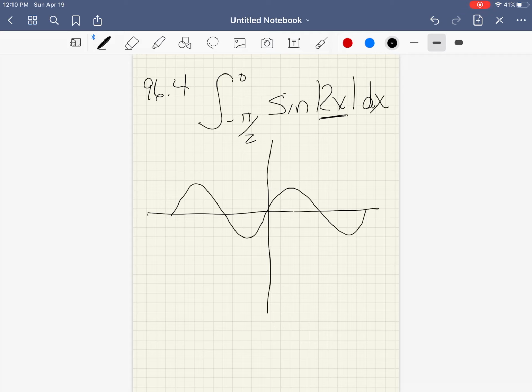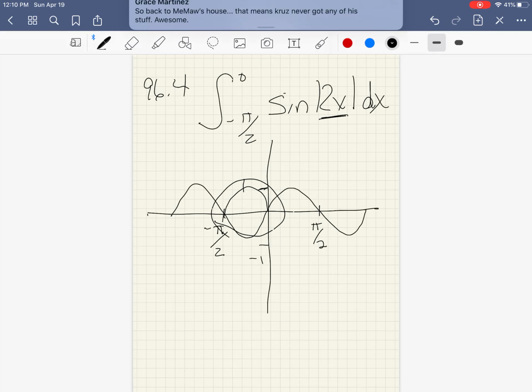The only difference is that here is pi/2 instead of pi, and this will be -pi/2. And this is still 1, -1. If we take the absolute value of it, this guy just flips upside down. And of course these do too, but we're only talking about this area right here.